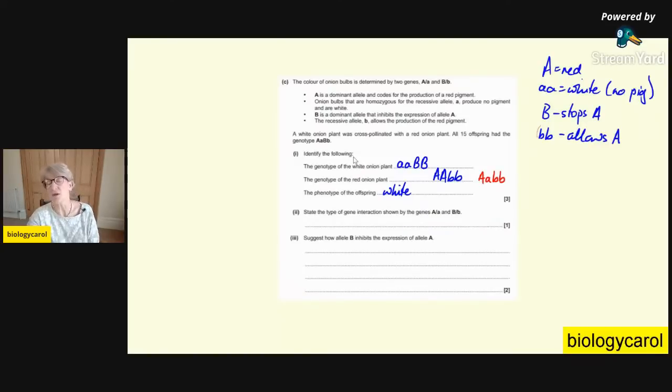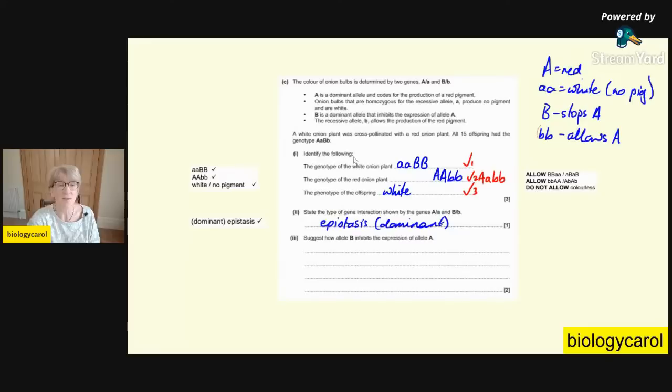And if we're going to be precise, it's dominant epistasis because the dominant allele of the B gene inhibits or masks the expression of the A gene. So there we go. And this is epistasis and dominant.